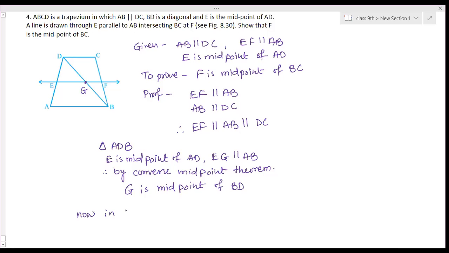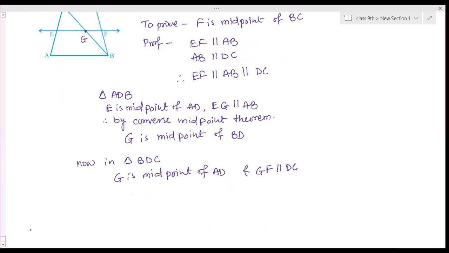Now, in triangle BDC, G is midpoint of BD and GF is parallel to DC. Therefore, by converse midpoint theorem, F is midpoint of BC.